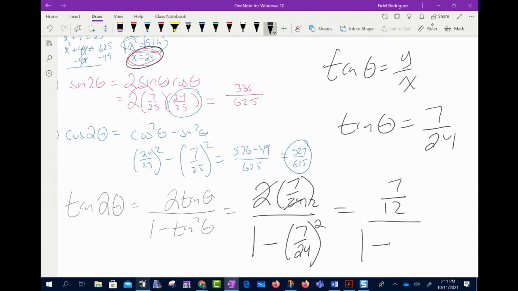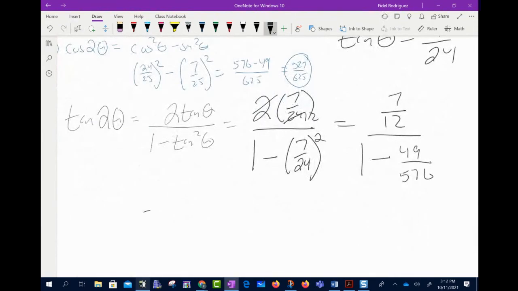And then this is going to be 1 minus 49 over, we did 24 squared a little while ago, and we got 576. Okay. So then this is 7 over 12. I can think of this one. Very good. Excellent.